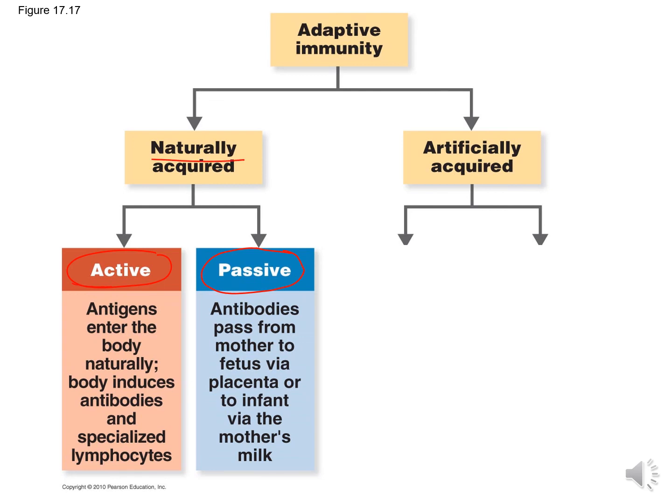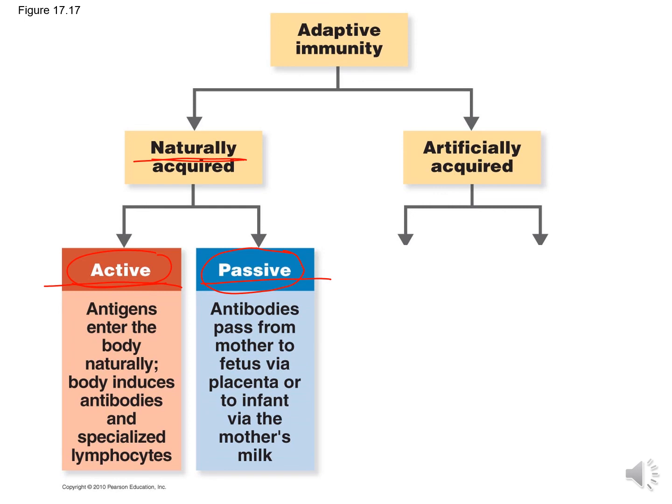Naturally acquired active immunity is basically being naturally exposed to antigens, like being naturally infected, inhaling a respiratory microbe, ingesting a microbe, being bitten by a mosquito, having the microbe injected into your body. So in a natural way, your body is exposed to an antigen, and then it goes through a normal response. Passive immunity is a natural way where antibodies are transferred from one person to another.